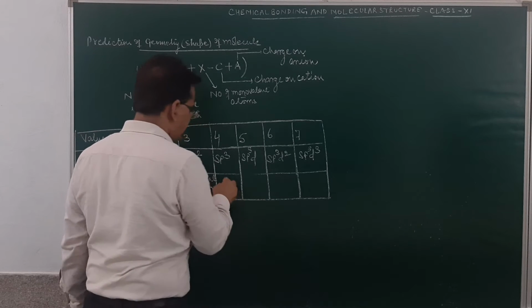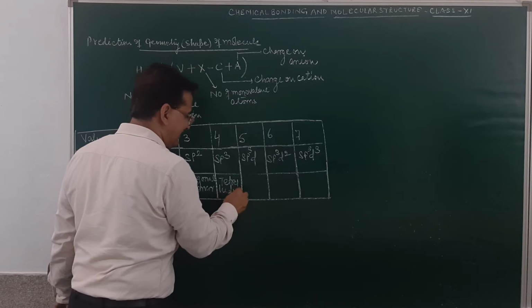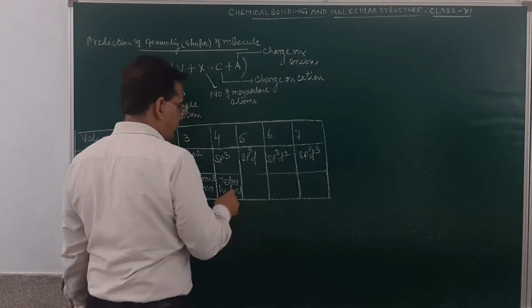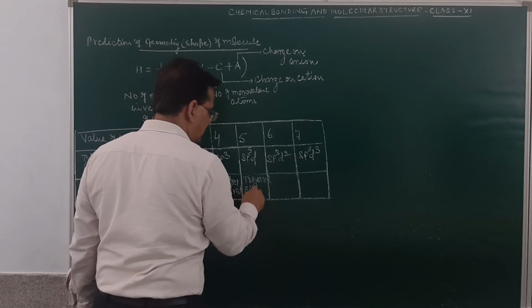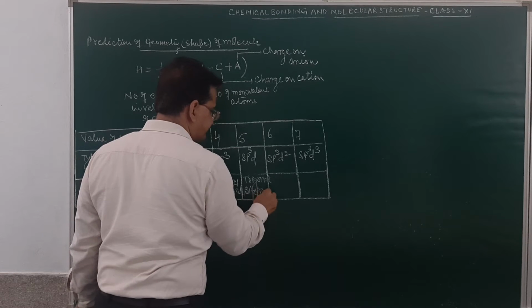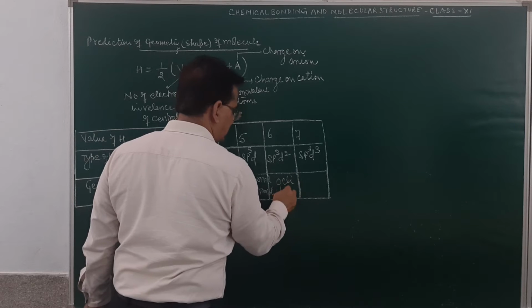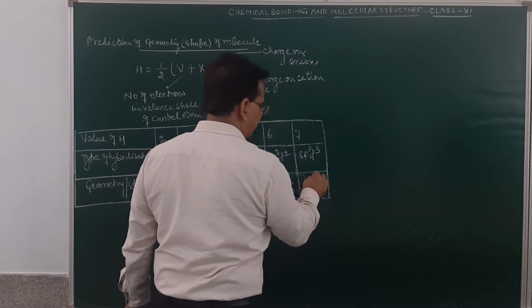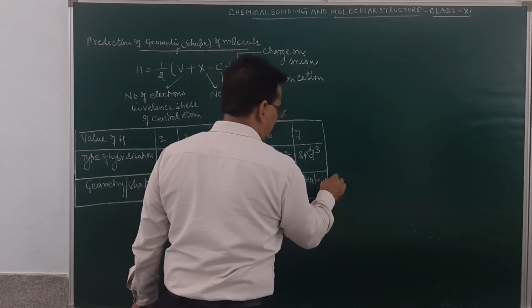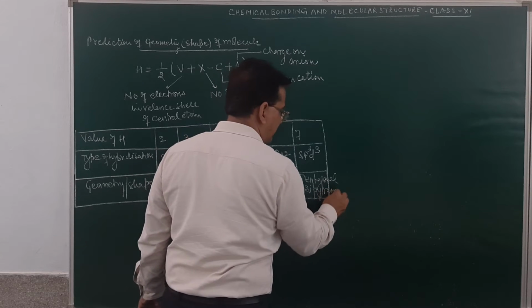If it is sp3, the geometry of the molecule will be tetrahedral. sp3d, it is trigonal bipyramidal. Remember, sp3d2 is octahedral, and sp3d3 is pentagonal bipyramidal. I hope you remember this.